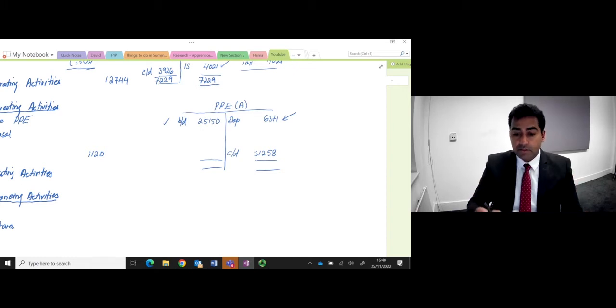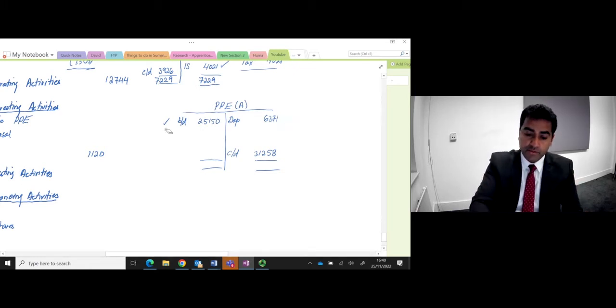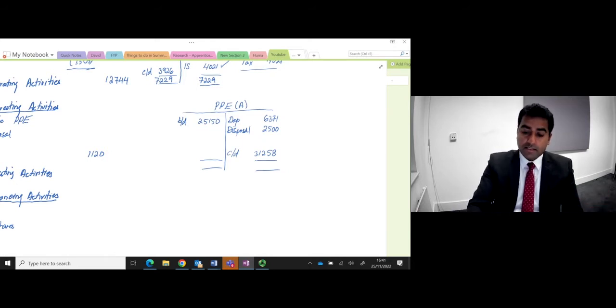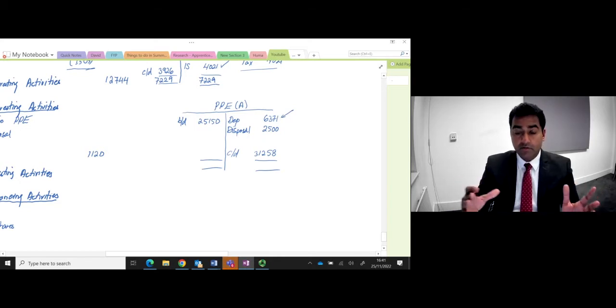So first I'm going to remove the asset which has been disposed of, and the value of that asset is 2.5 million, 2500. And to remove the depreciation related to this asset from the accumulated depreciation of 6.3 million, you can see this is the depreciation figure, accumulated depreciation of all the assets.